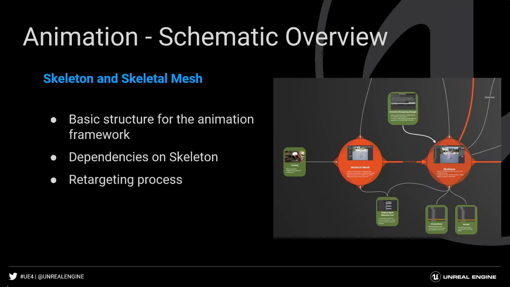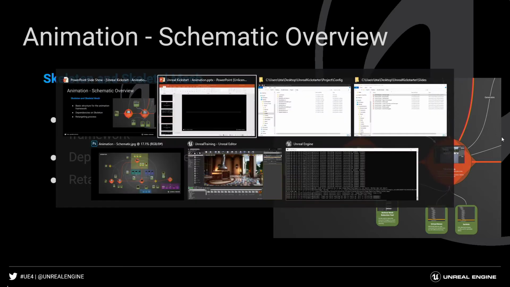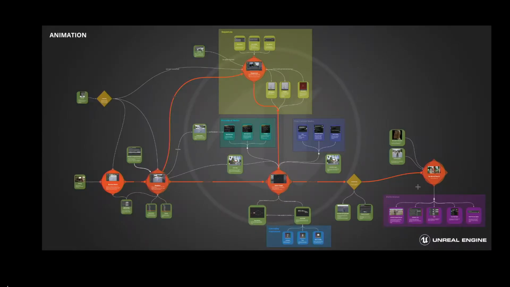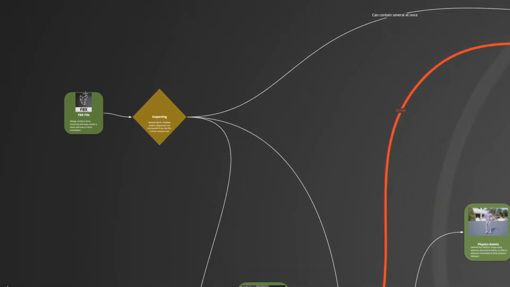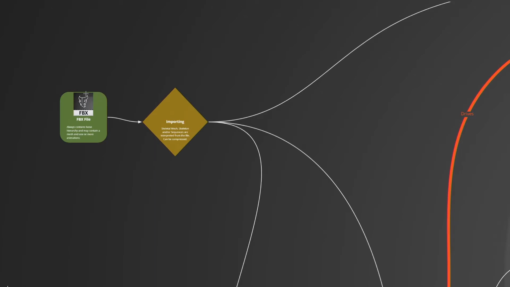So to begin with, how the skeleton and the skeleton mesh are related. First of all, just so you know, when you import an FBX file into Unreal, imagine that you have done several different animations in the same FBX file, and you have also the skeleton, like the rigging, and you have the mesh.